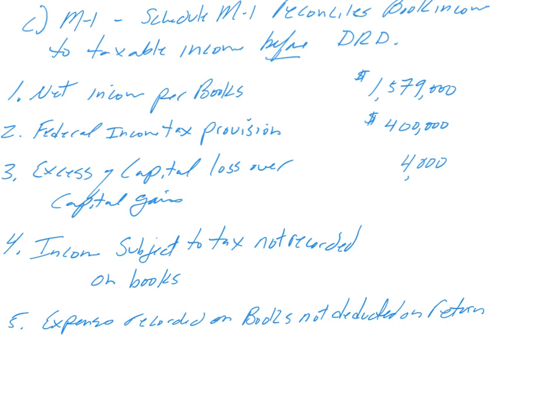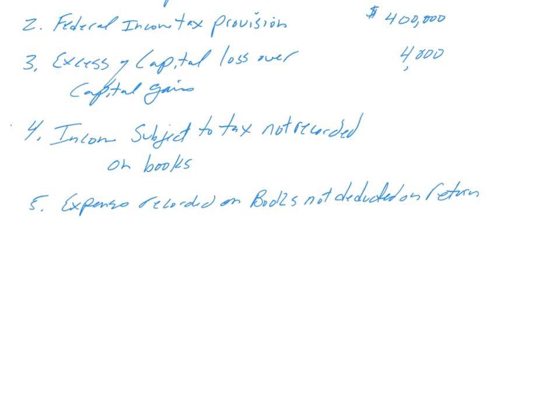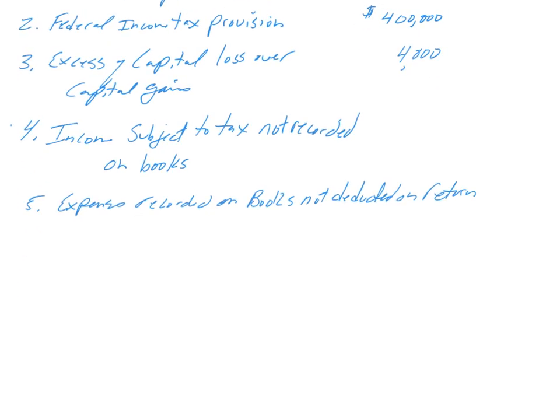We're going to have to go get all of the items where our book deduction or our book expense was larger than our taxable expense. Okay, so we're going to look at the difference of these things.